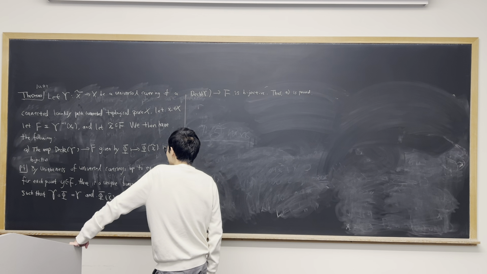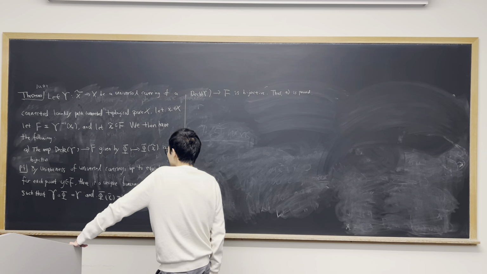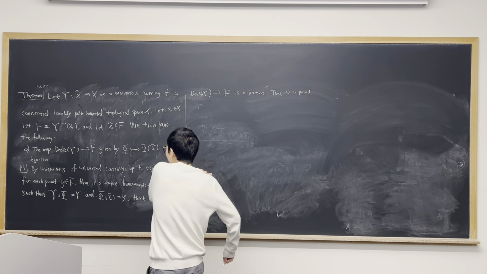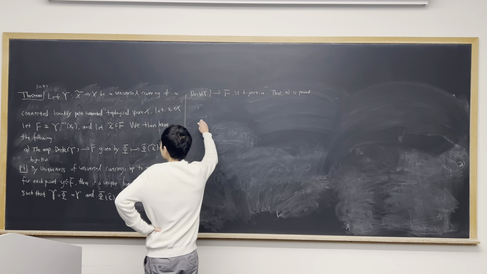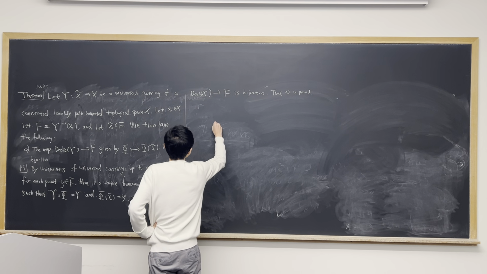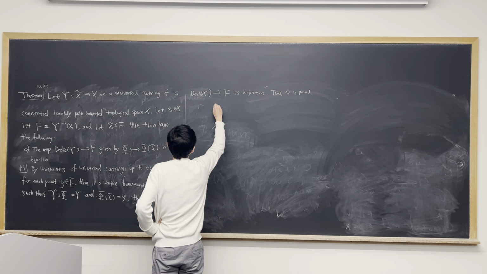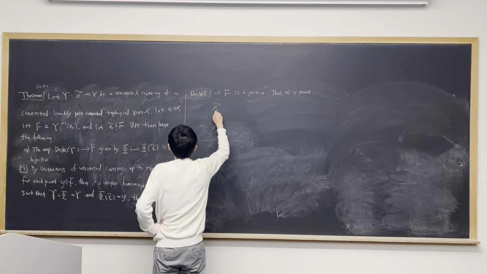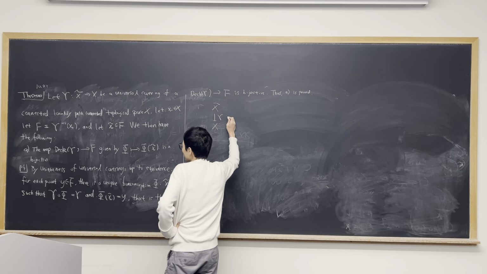So let's see, for each point y in f. Here you have this x, and then you have this x tilde here, and then this is like a gamma, right?